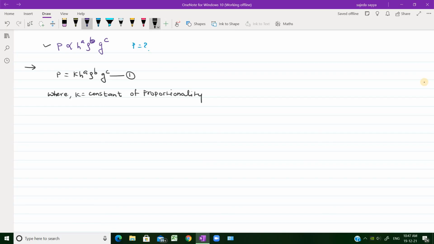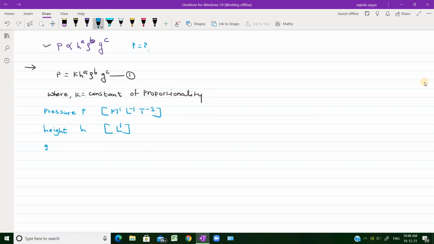Now let us write the dimensions separately for these four different physical quantities. Pressure P, force per unit area, so it is M1 L raised to minus 1 T raised to minus 2. H, height, has the dimensions of length, so L1.